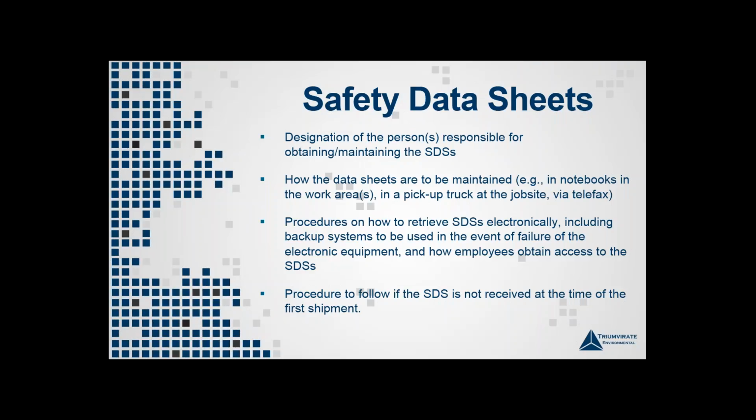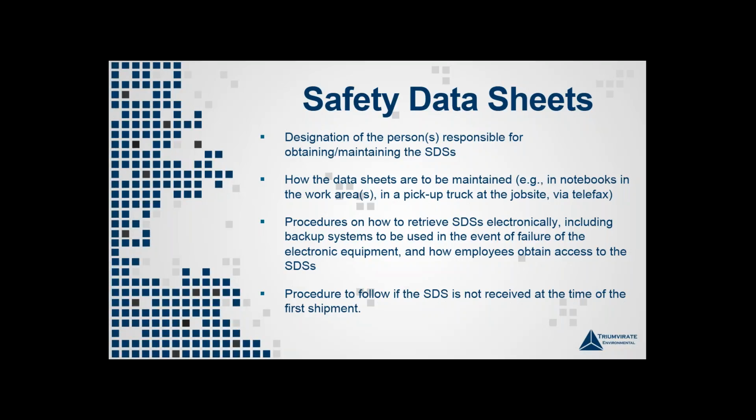On the safety data sheets section of your written program, you have to designate a person responsible for obtaining and maintaining the safety data sheets. Looking at some plans, you almost put together a checklist of all of these items, and this is one that's typically not in there: these designations. How do you maintain them?